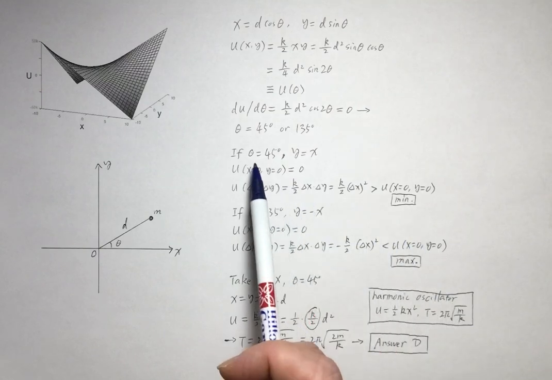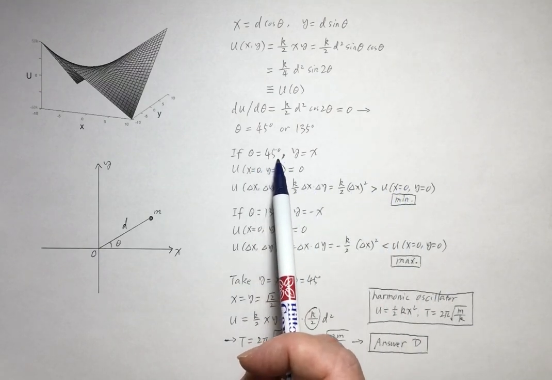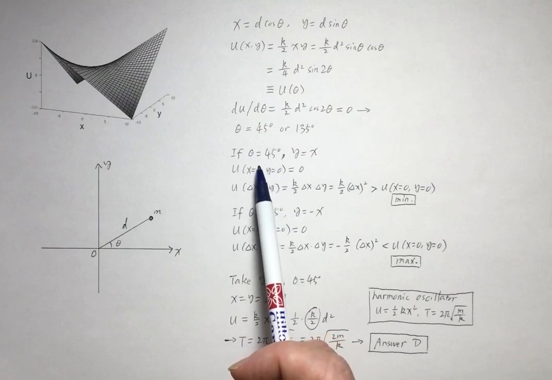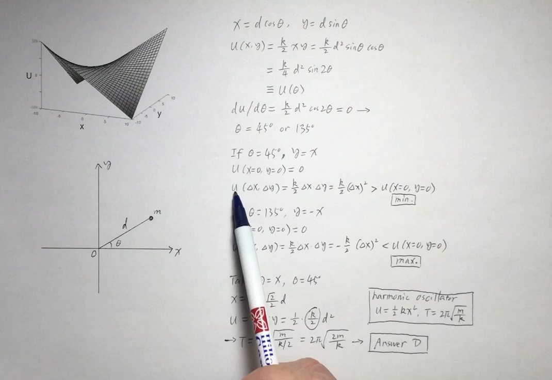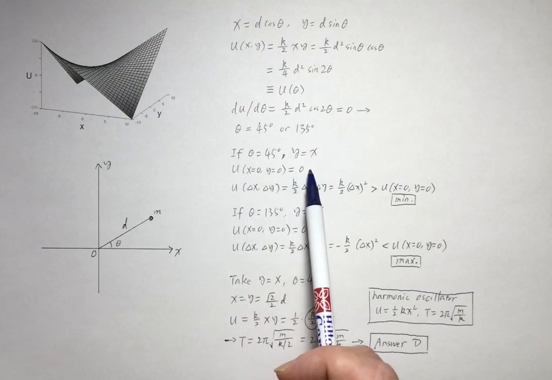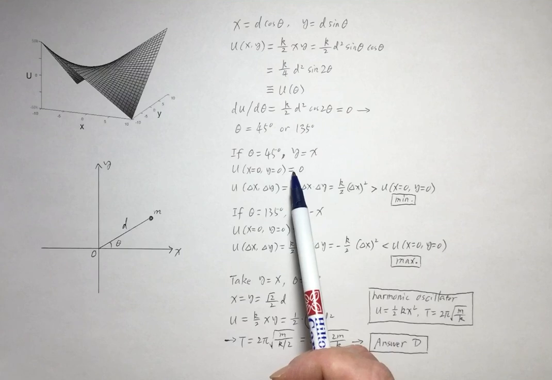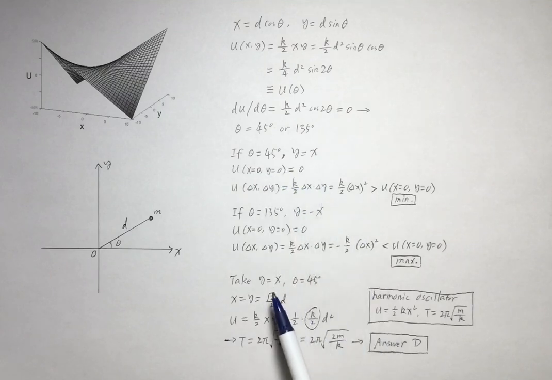So now we have to take theta equal to 45 degrees, because when theta equals 45 degrees, the potential energy at the origin is the minimum. So this is a stable situation. That means the oscillation can occur here.